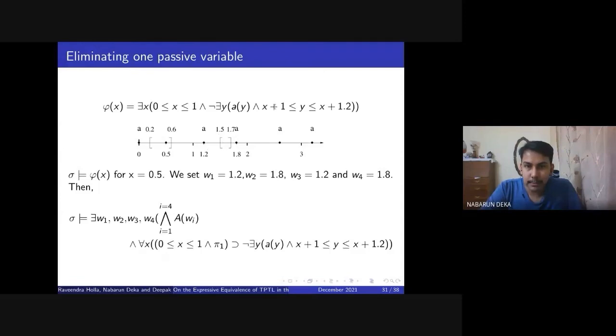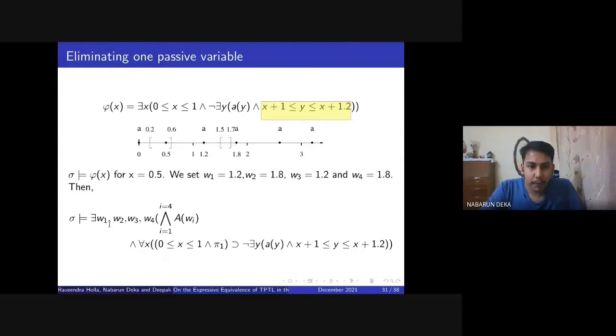The interval x plus 1 to x plus 1.2 will not contain any a's in it. Hence, we have identified one interval for our x's such that x plus 1 and x plus 1.2 do not have any action a in it. How did we identify it? We ensured that the left boundary never crosses this action or this action, and similarly for the right boundary.